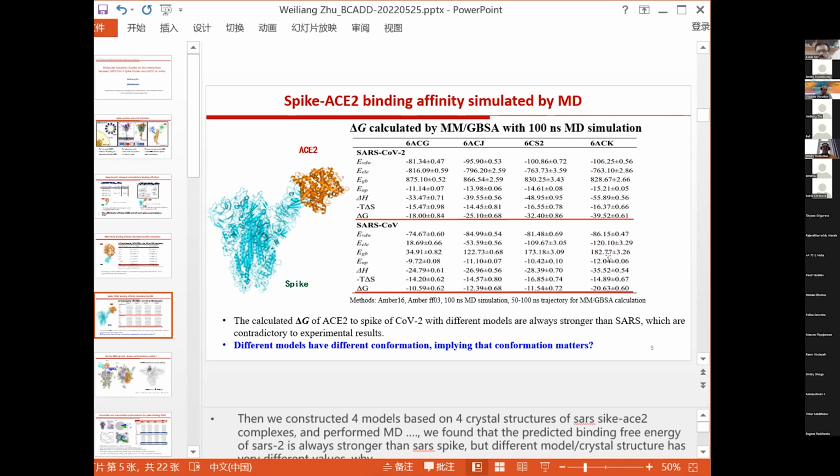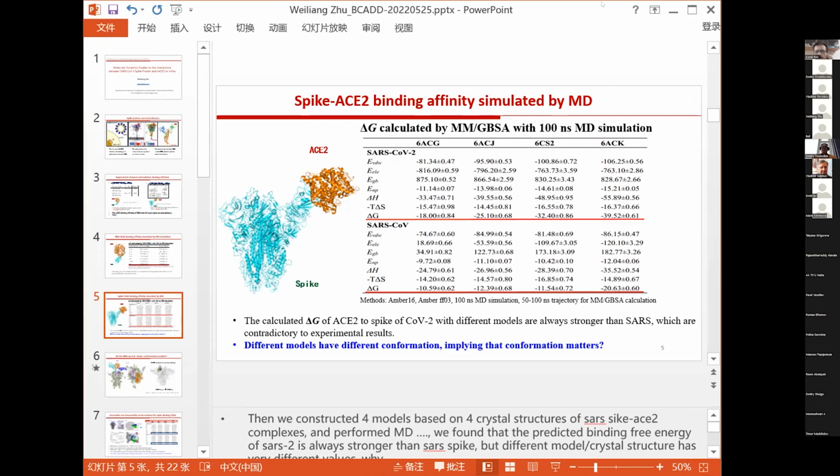Okay, thank you. My next question is from Vladimir Sulimov: How do you calculate ENP in AMBER? It is too small. Calculate what? ENP, non-polar interactions on this slide.